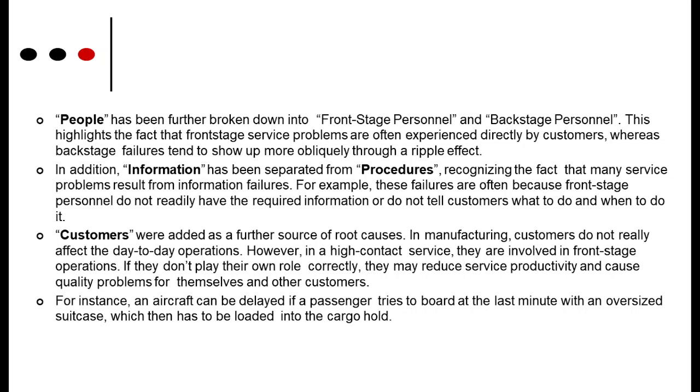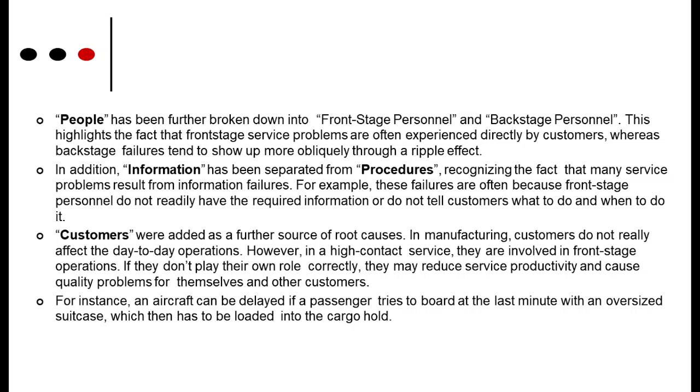Let's say a flight can be delayed. One example: an aircraft can be delayed if a passenger tries to board at the last minute, say with an oversized suitcase, which then has to be loaded onto the cargo hold. Some time is taken, and then it goes in and again it enters the aircraft. So if a passenger is late, the flight also gets late, right?